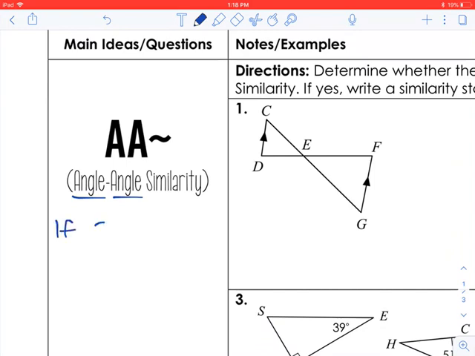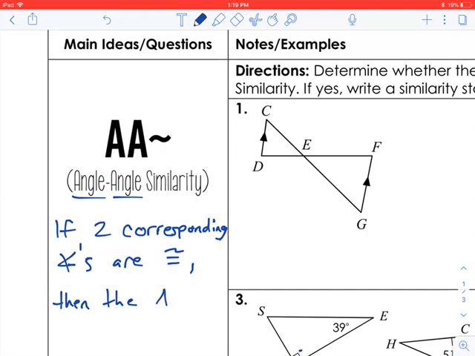Okay, so what this means is if you know two corresponding angles are congruent, then the triangles are similar. Sorry, this was hard to write.